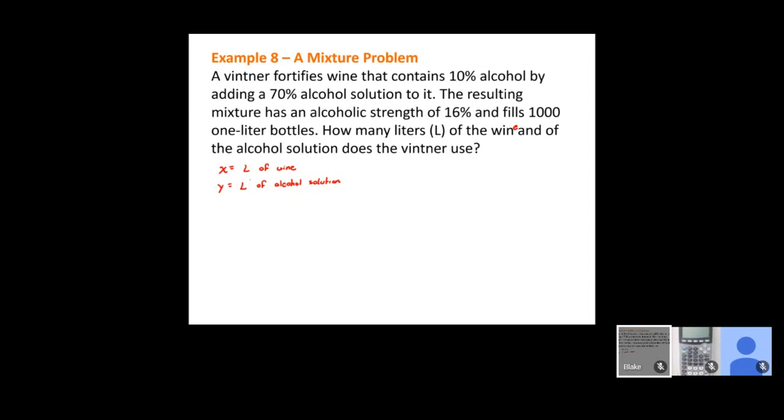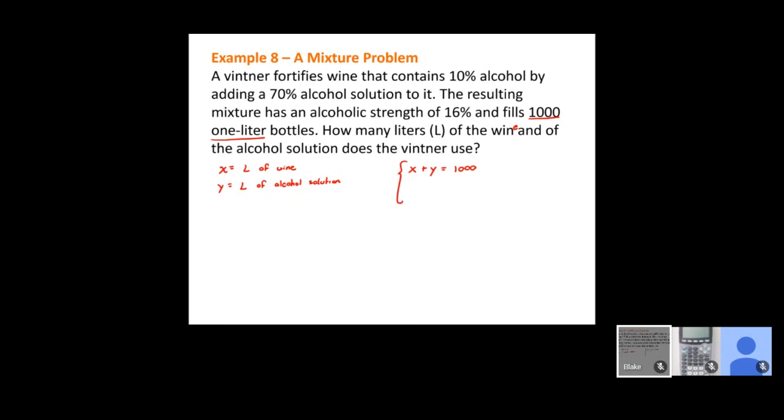I know I'm looking for the liters of wine and the liters of alcohol solution, but I also know that my total amount here is 1,000 1-liter bottles, so we have 1,000 total liters. So how could I write an equation for that? Perfect, right? So the liters of wine plus the liters of alcohol solution should equal 1,000 liters total. So that's one equation for this one.